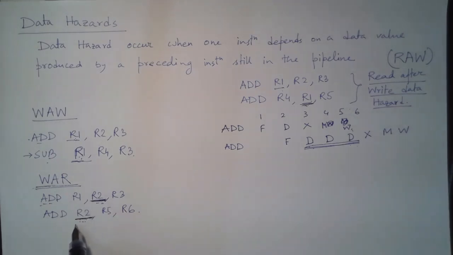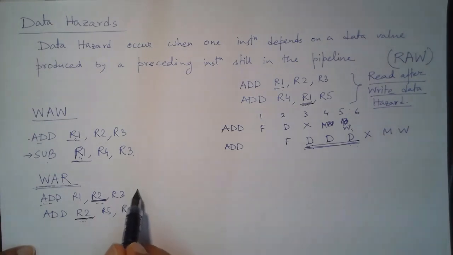If this is not maintained, then there will be a hazard when you are executing multiple instructions at the same time. This is called anti-dependence, but we don't have to worry about it right now, because we are not going to have out of order execution as well as multiple instructions getting executed simultaneously. This kind of situation we will not encounter now.